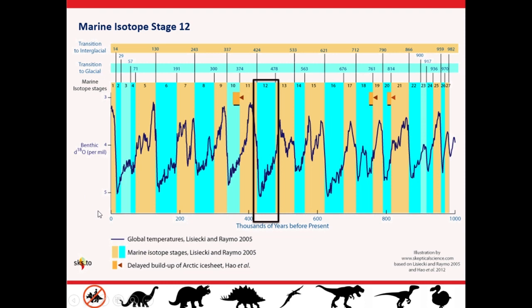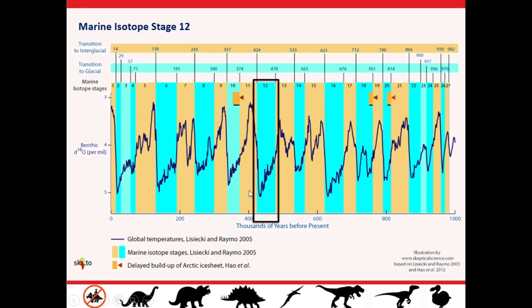On the axis on the left-hand side, we're looking at oxygen 18, and we measure isotope ratios between oxygen 18 and oxygen 16. The other thing noticeable on this graph is this dark blue line, which is global temperature at that time.